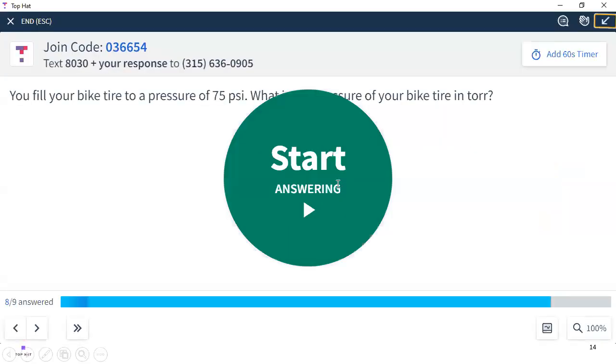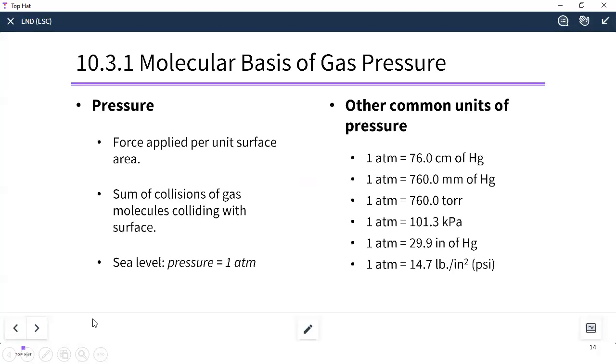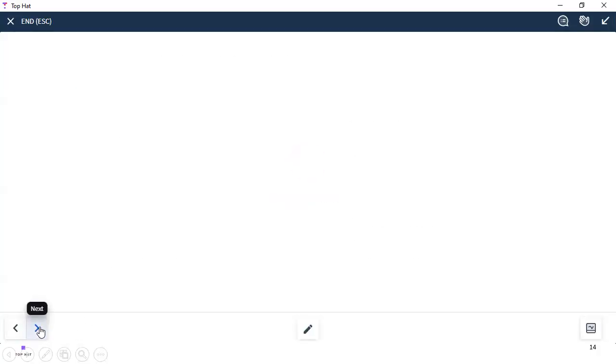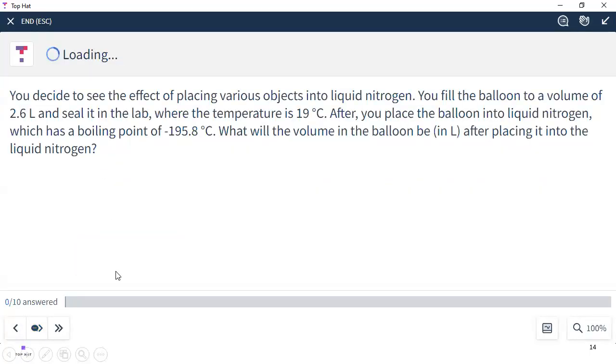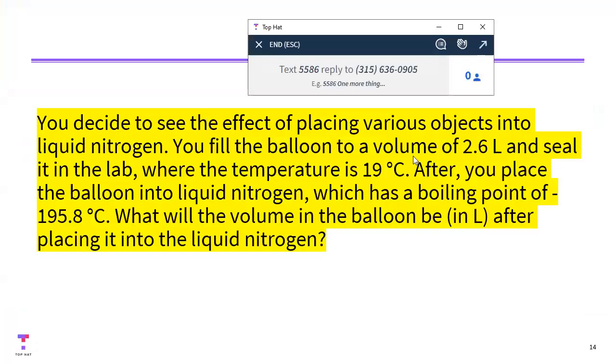Let's do a couple of gas law practice problems, and then we'll call it a day. Looking at this first one, we've got liquid nitrogen. We take a balloon that is 2.6 liters at 19 degrees Celsius, and we put it into liquid nitrogen.